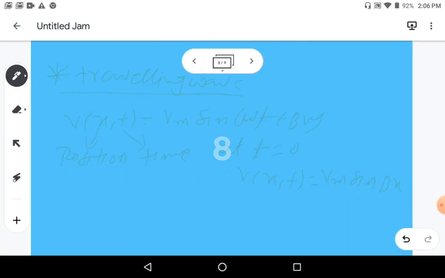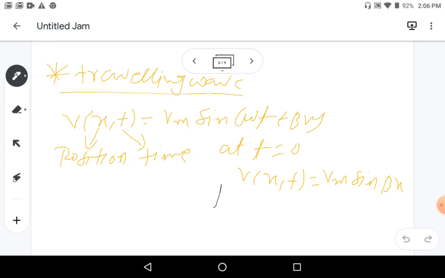At the second instant, t equals t1, v of x,t equals Vm sin of omega t1 plus beta x.